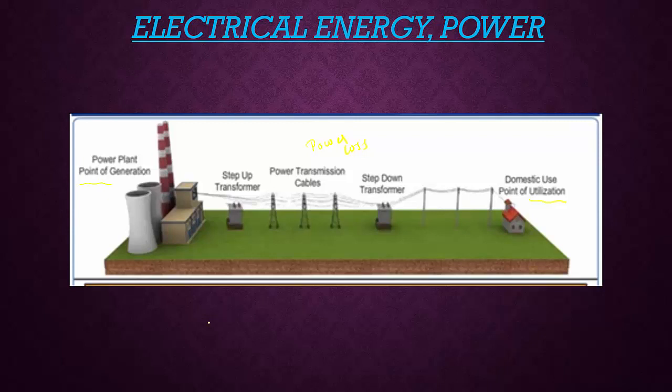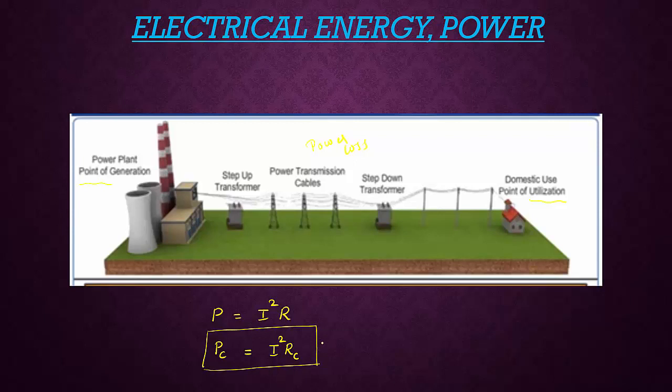I am going to write the equation for power loss, P equal to I squared R. Suppose this is the power loss in the transmission cable, I can write it as Pc equal to I squared Rc. So this is the power loss in a transmission cable.